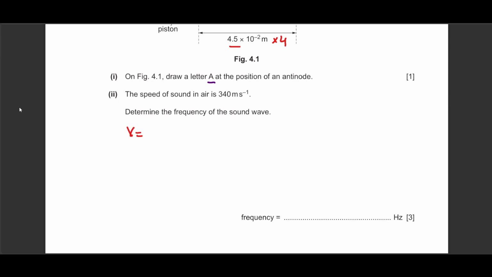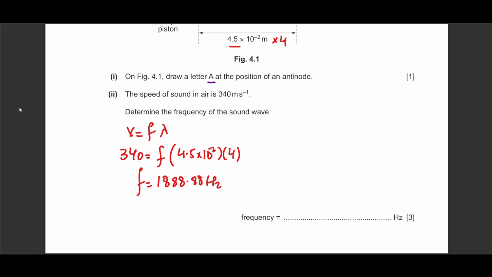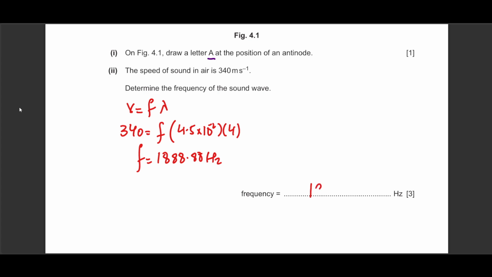So v equals f lambda. v is 340. Frequency is what I need to find out. And lambda is going to be 4.5 into 10 raised to power minus 2 multiplied by 4. The frequency comes out for this question as 1888 hertz and so on. So up to 2 significant figures, this will be 1900 hertz.